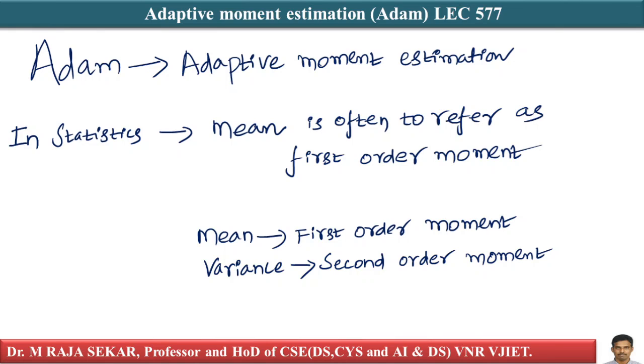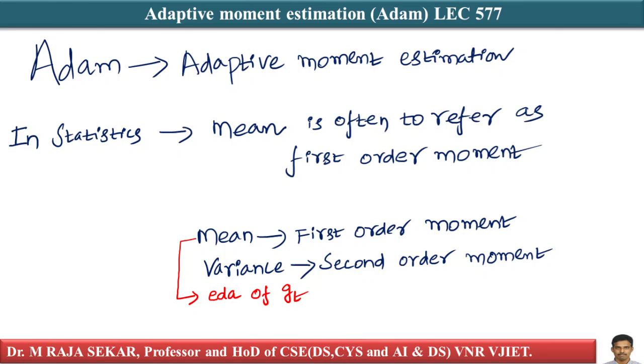You can think of EDA of GT as a sort of computing the mean, and when you take GT square, you get the second order moment, or variance. That's why it is called moment estimation.